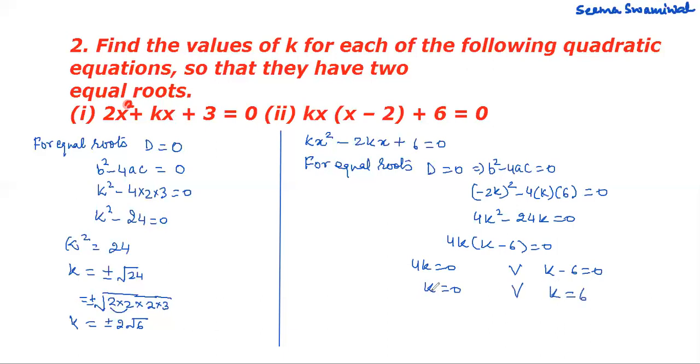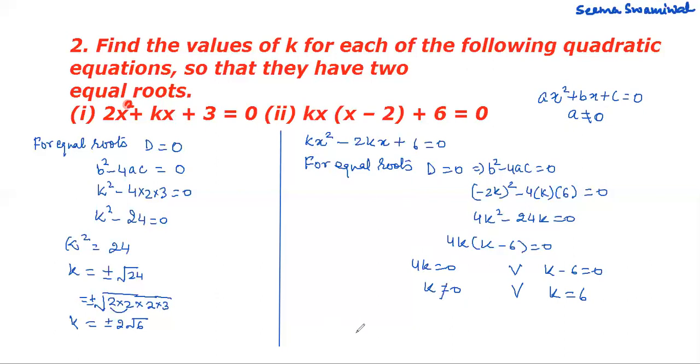Now children, look at the question. If I ask you to define quadratic equation, what is a quadratic equation? So you will say that a quadratic equation is always in the form of ax square plus bx plus c is equal to 0, where a can never be equal to 0. So if you put k is equal to 0, this will no more be a quadratic equation. That means this is not possible.